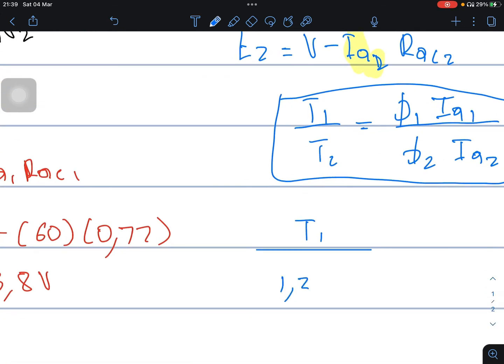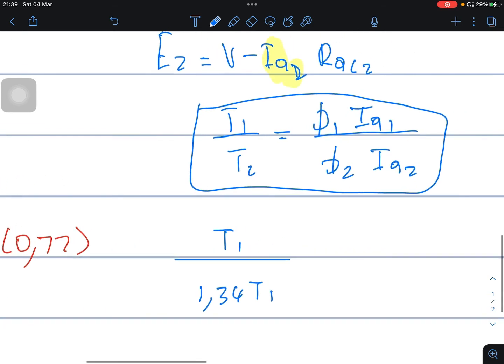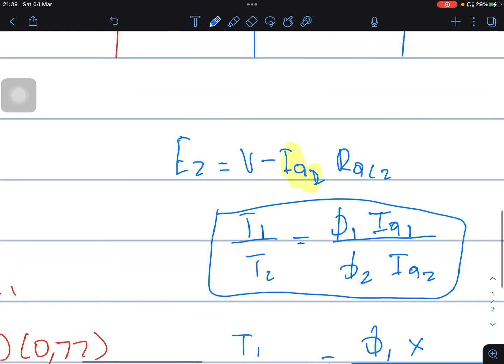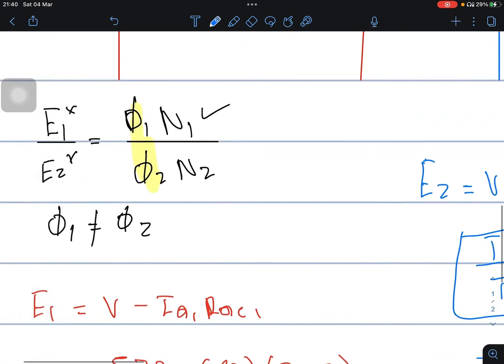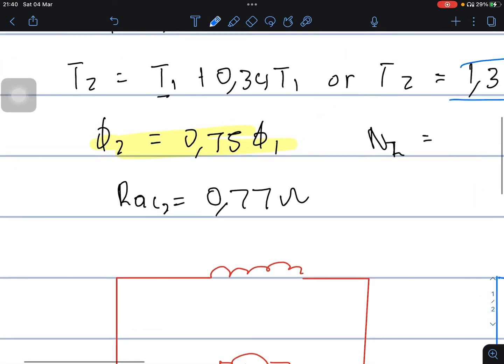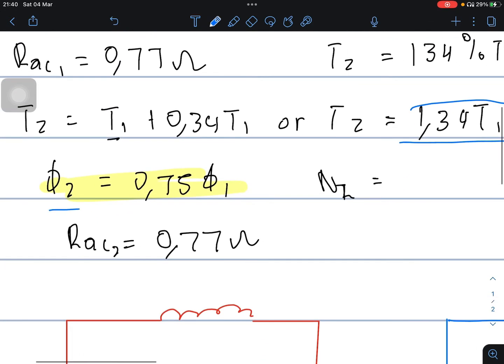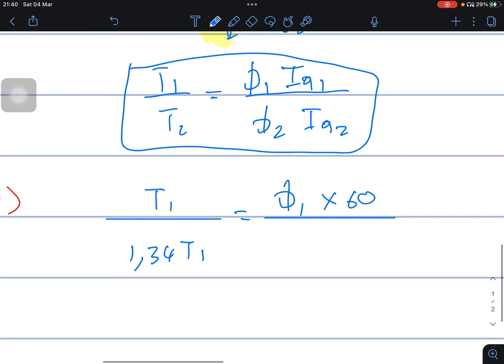So 1.34 T1 is equal to flux 1 times 60 amps, and we expressed flux 2 in terms of flux 1, which we said is 0.75 flux 1, times IA2.